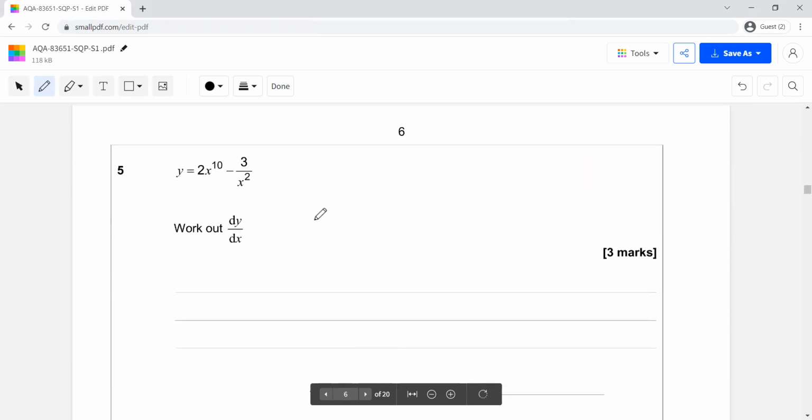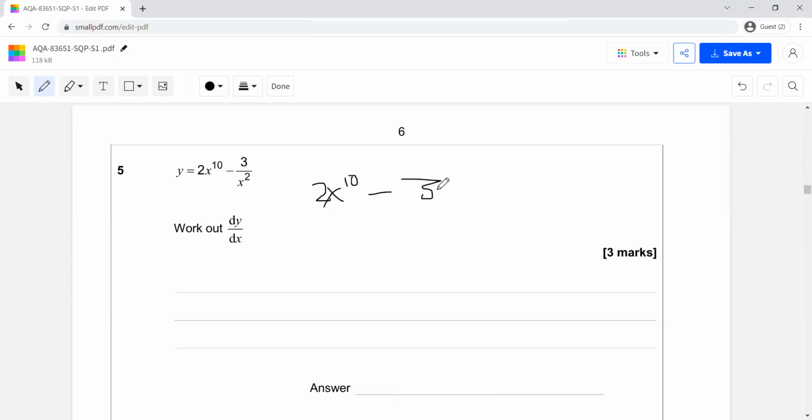Now question 5, y is 2x to the 10 minus 3 over x squared. Work out dy by dx. This is the same as 2x to the 10 minus 3x to the minus 2. And we know that for any polynomial, the derivative is given by nx to the n minus 1.